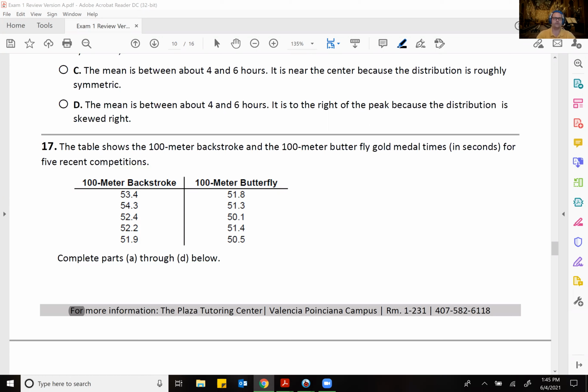And then for the butterfly, 51.8, 51.3, 50.1, 51.4, 50.5. All right, pulling the data back over.